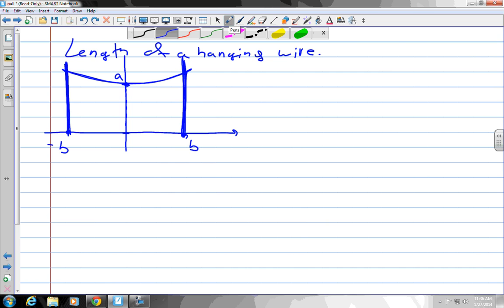That was one of the applications of hyperbolic functions. The formula that gives you this curve was y equals a cosh of x over a, something like that. I don't know. Let that be the formula. So we want to find the length of the wire.